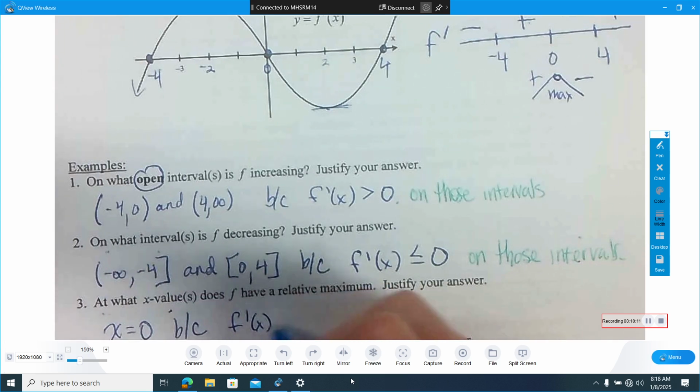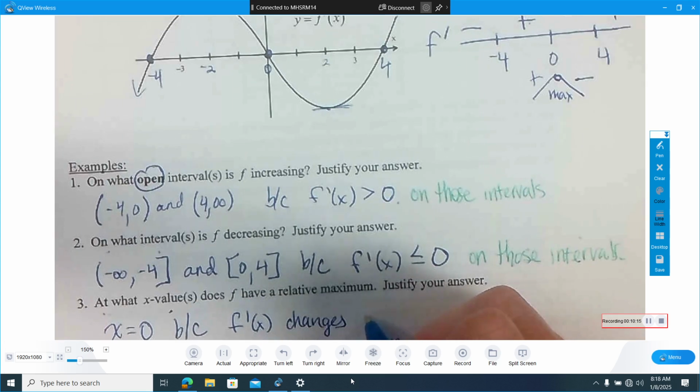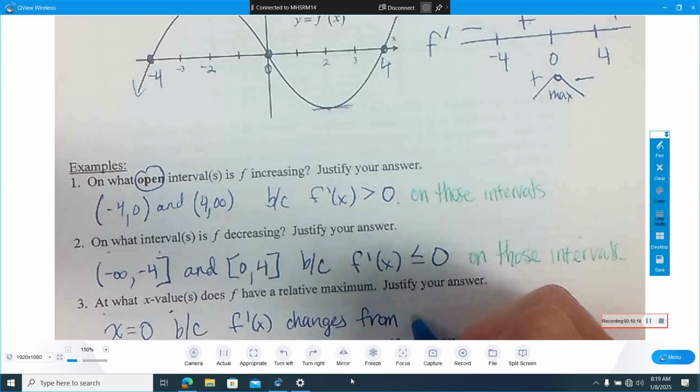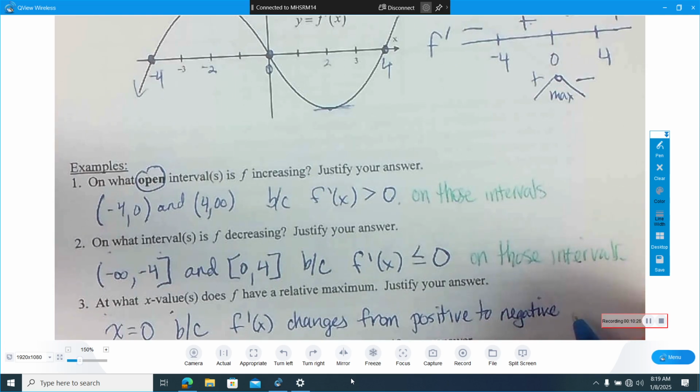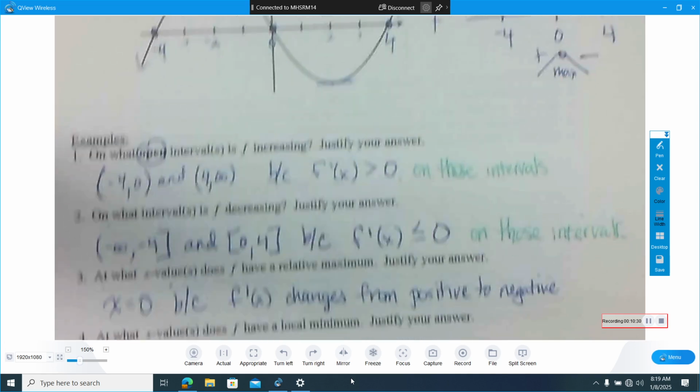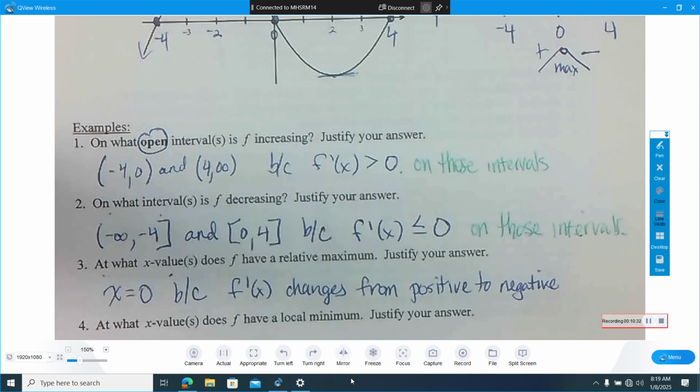F prime of x changes from positive to negative at that point. Maybe you want to say at that point, but yes, f prime of x changes from positive to negative, I think would work just fine.